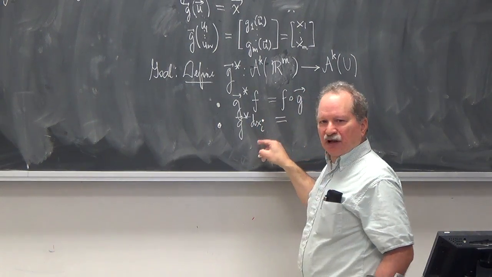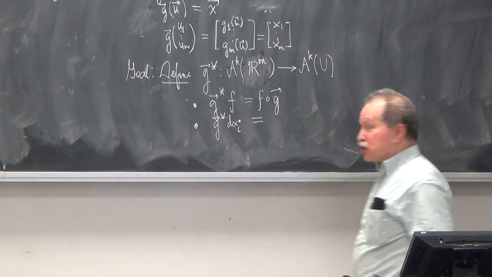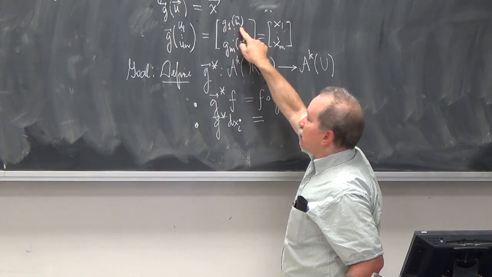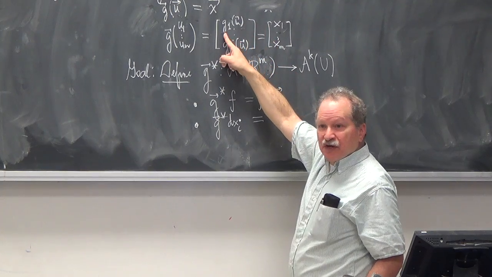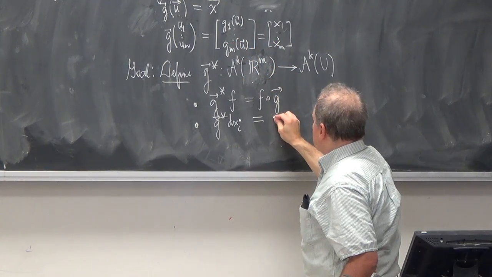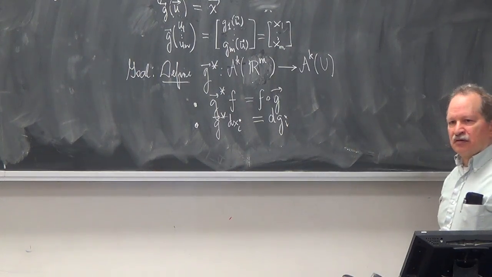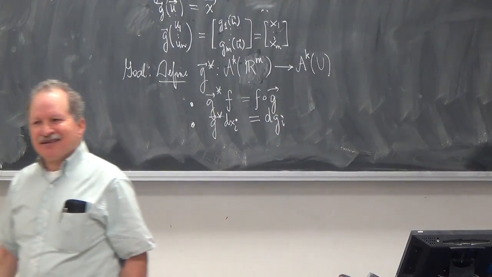Little i, not capital I. By definition, if I want to pull back dx sub 1, I just take the derivative of the function g sub 1. If I want to pull back dx sub 2, I just take the derivative of g sub 2. So this is just dg sub i. And you say to yourself, I don't remember what that means.